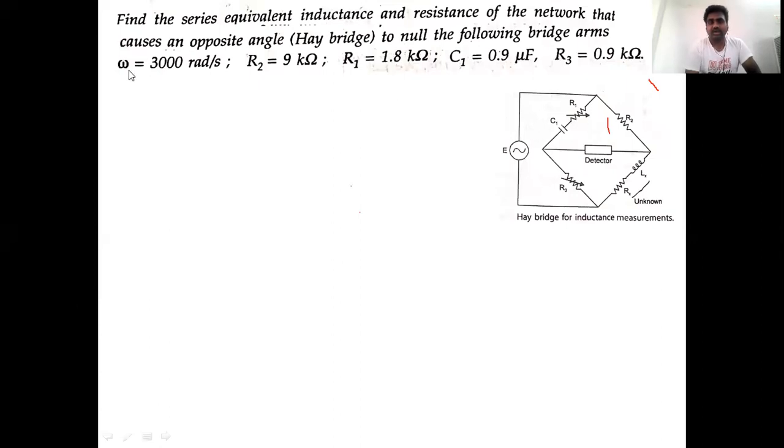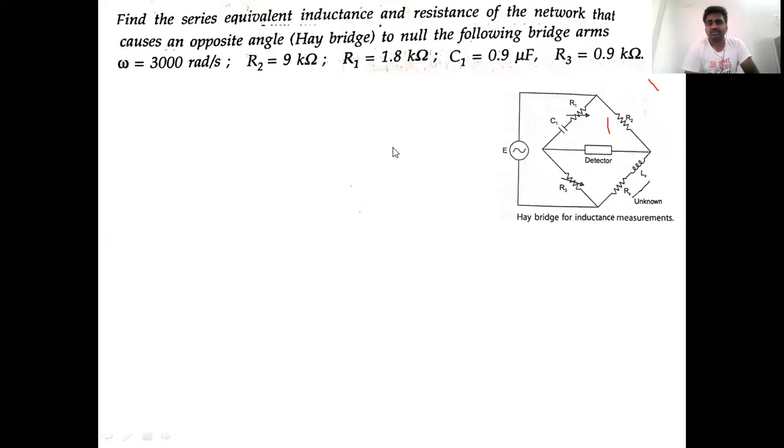Omega is 3000 radians per second, the resistance of the second path is 9 kilo ohm, resistance of the first path R1 is 1.8 kilo ohm, capacitance C1 is 0.9 microfarad, and resistance R3 is 0.9 kilo ohm.